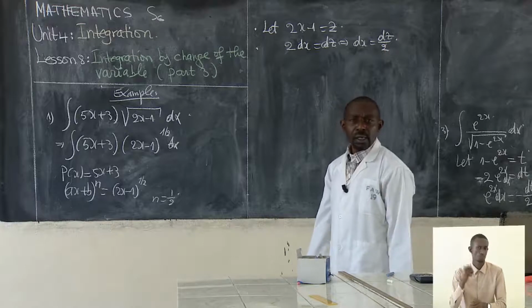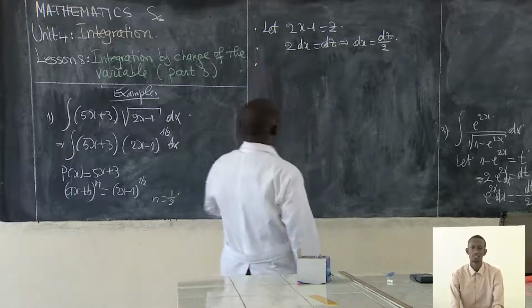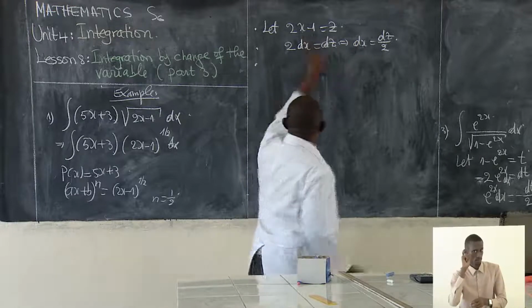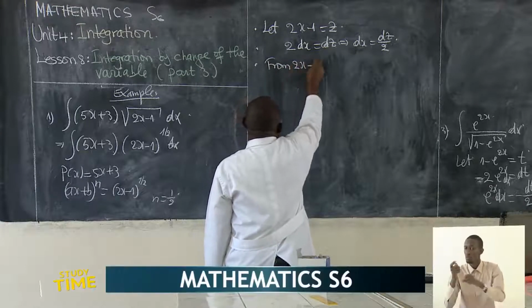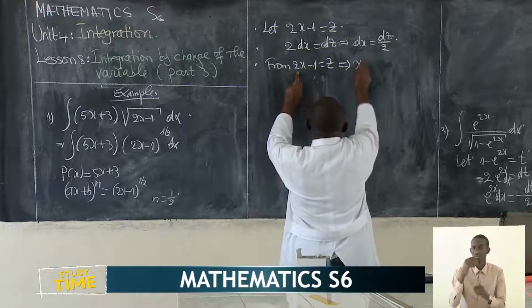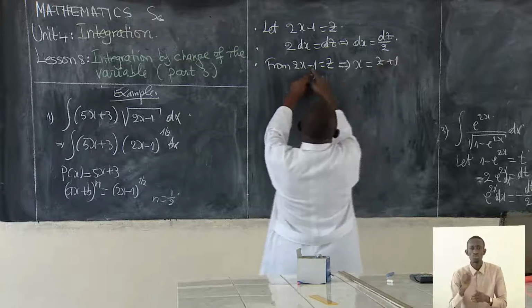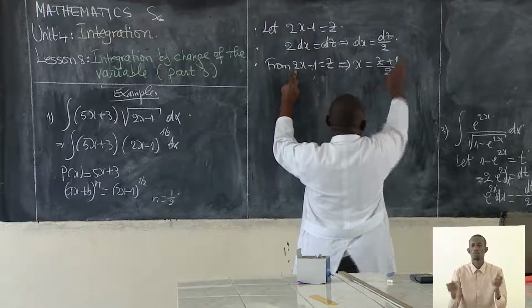Are we together? Oh, very nice. Now, I'm going to express x in terms of z. From 2x minus 1, which is equal to z, I have x equal to z plus 1, I move negative 1 to the right-hand side. Then I divide both sides by 2.